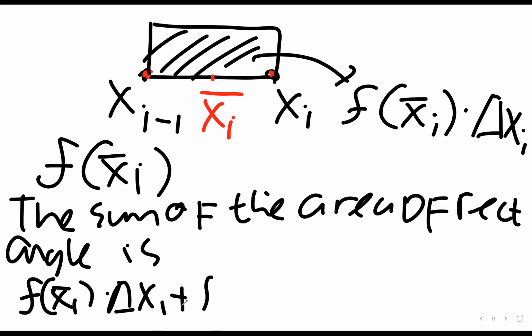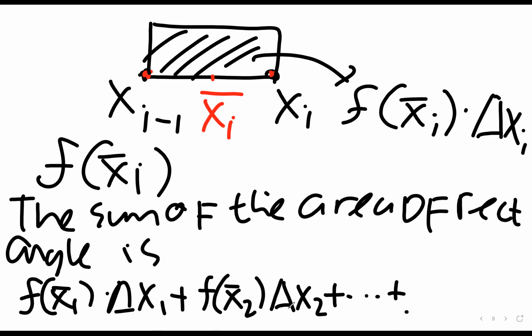And then f of x2 bar multiplied by delta x2, and so forth until f of xn bar multiplied by delta xn. So that's the area of the rectangles.